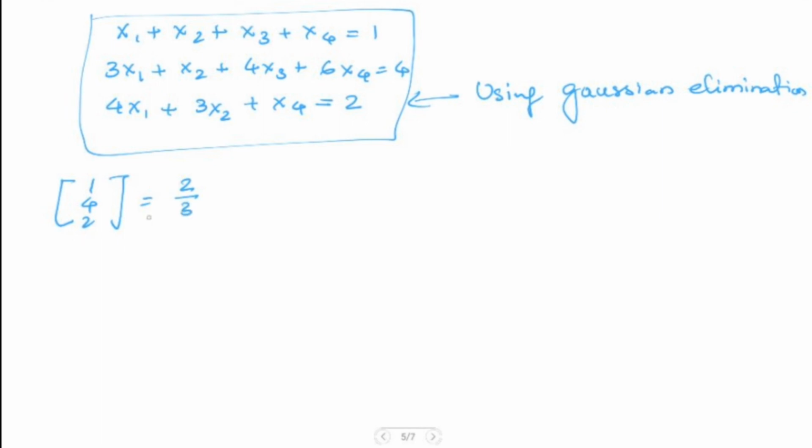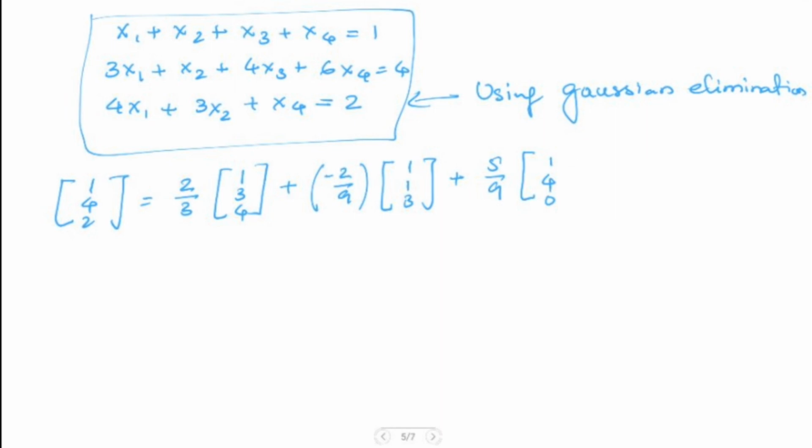So one of the solutions is lambda 1 as 2 divided by 3 times the vector 1, 3, 4, plus lambda 2 as minus 2 over 9 times the vector 1, 1, 3, plus lambda 3 as 5 over 9 times the vector 1, 4, 0, plus x4 or lambda 4 is 0 times 1, 6, 1. This was the first solution when we took r is equal to 0.